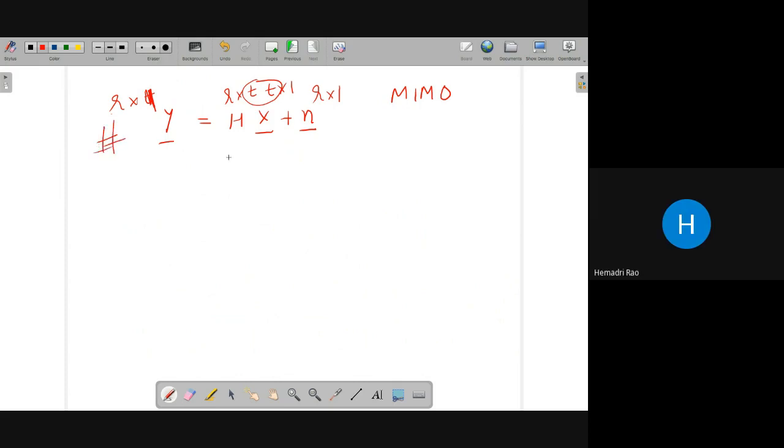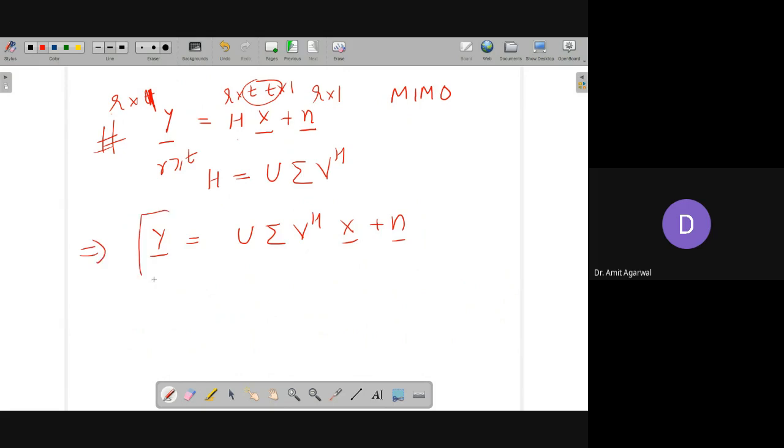Yes, sir. Okay. So now we have told you that any matrix H, if R is greater than or equal to 2, can be written in this form, can be decomposed in this form. So can we just replace H by this? Now this is your effective received signal or effective channel model.